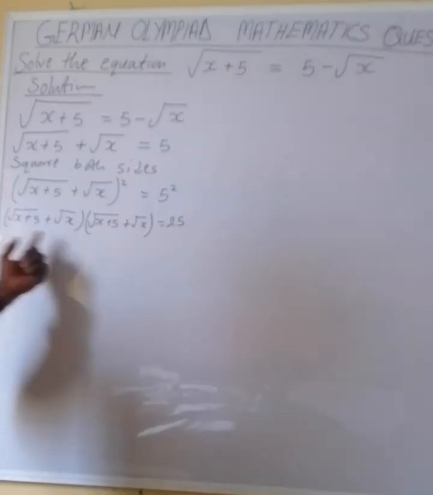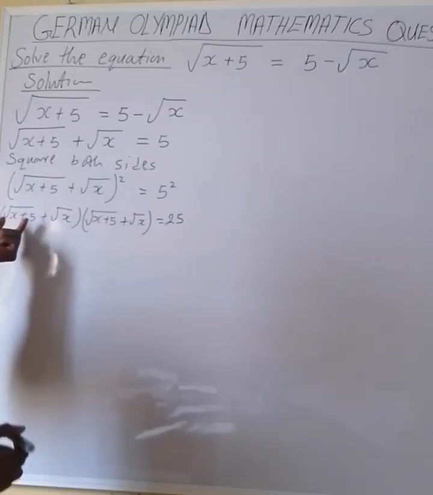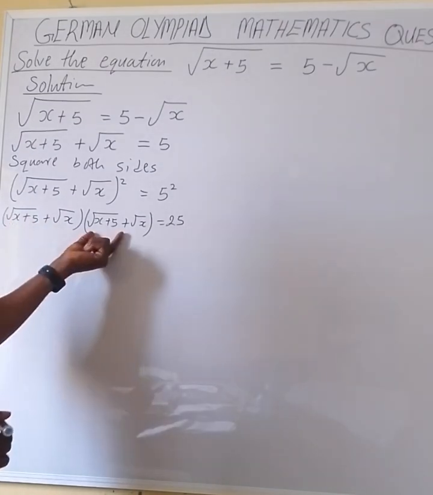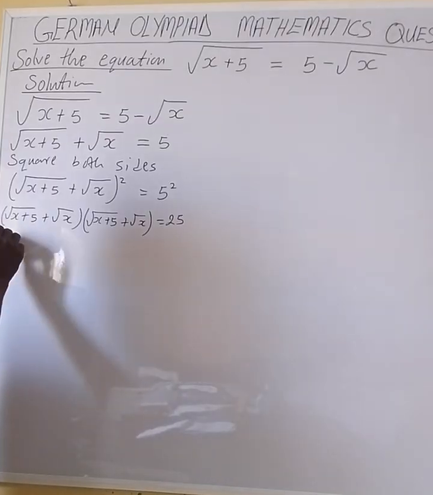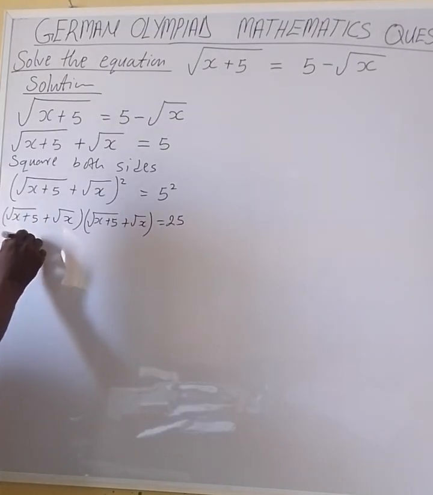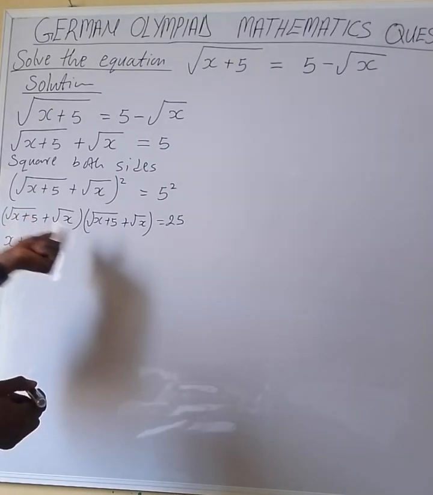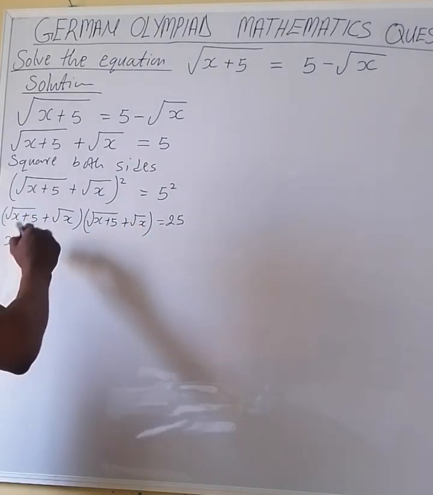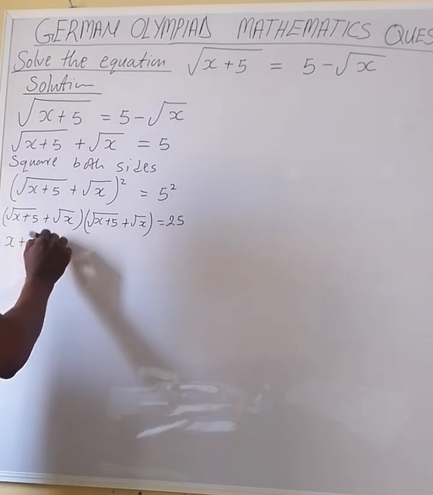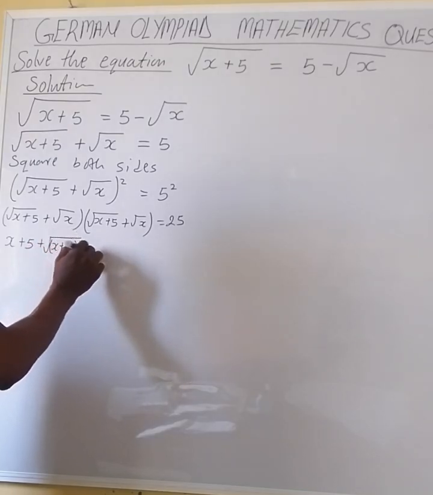From there, we now open the bracket. Square root of x plus 5 times square root of x plus 5 will give us x plus 5. Then square root of x plus 5 times square root of x will give us plus square root of x plus 5 into x.